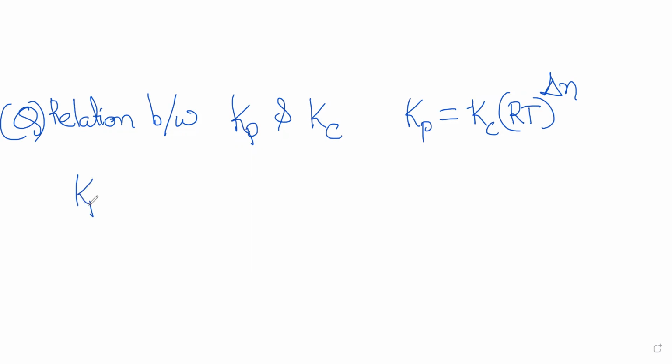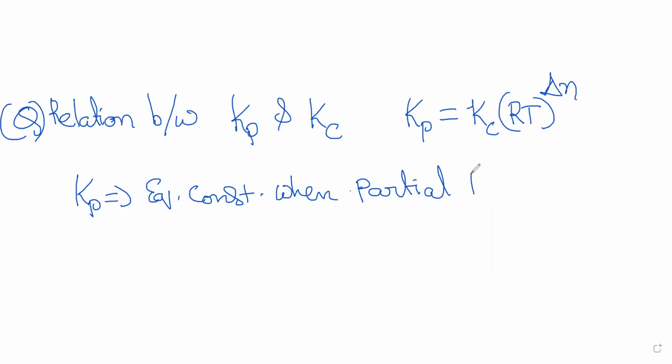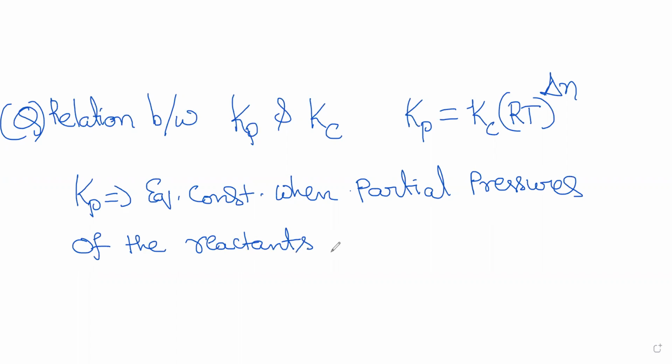Kp is called the equilibrium constant when partial pressures of the reactants and the products are considered.